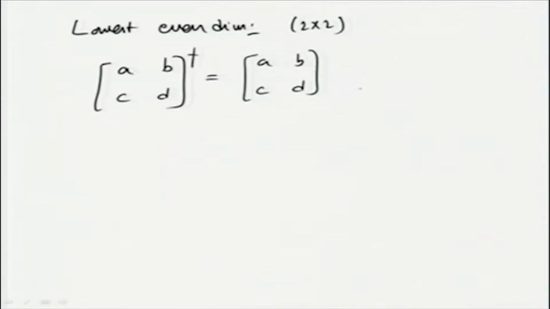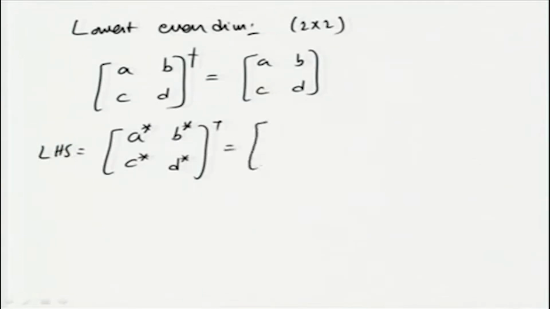The Hermitian thing is, the left hand side is, first the conjugate transpose, so LHS is equal to A star, C star, B star, D star.